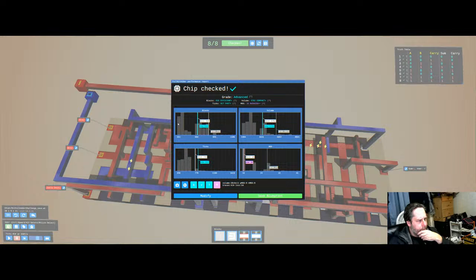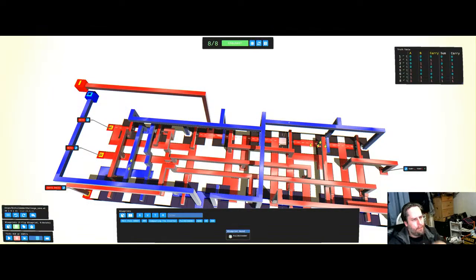The ticks are going to be around 360 to 400 range. And the best transistors is 16, which is what I just did. So save that blueprint.